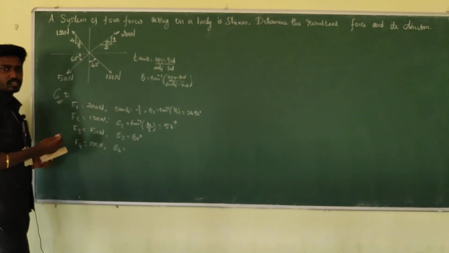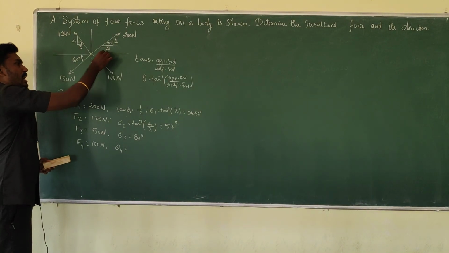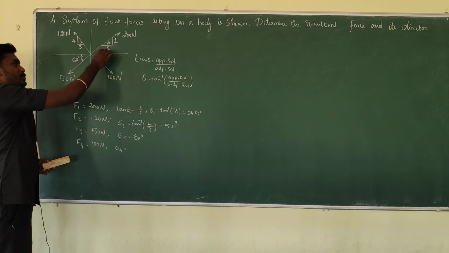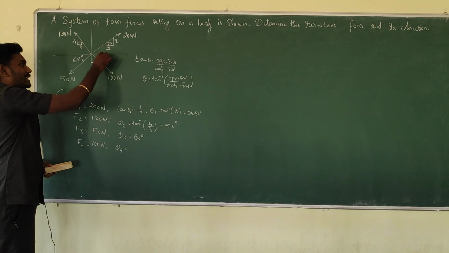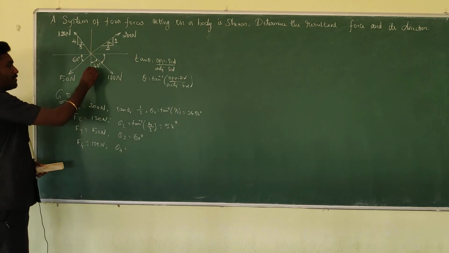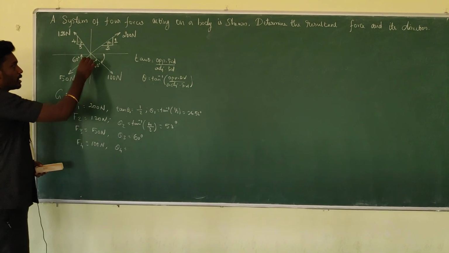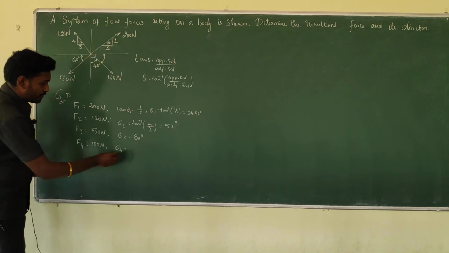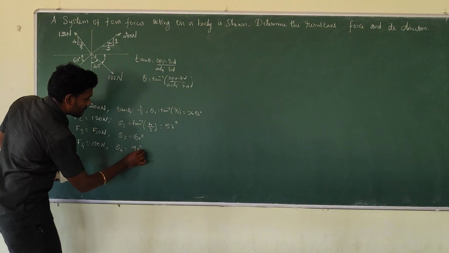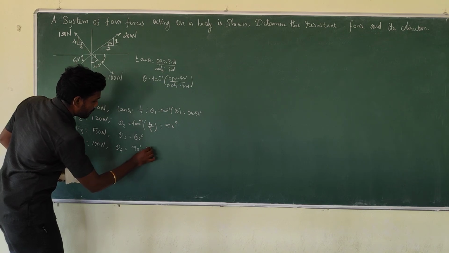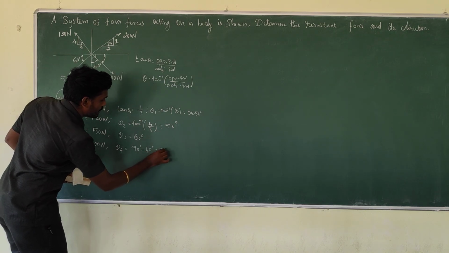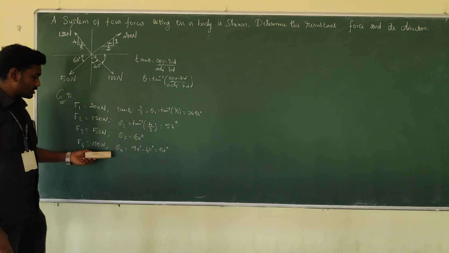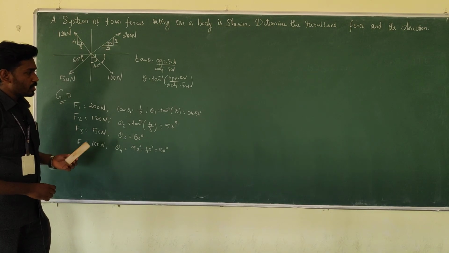We have a practice of taking the angle with respect to x axis. So if you put 90 degree minus 40, we get 50 as the angle. This is the answer for theta 4.